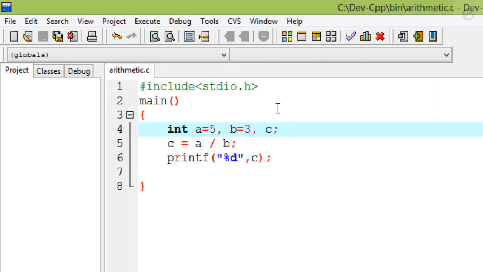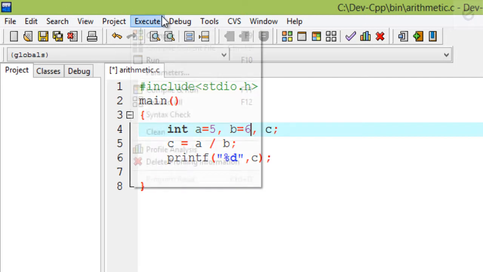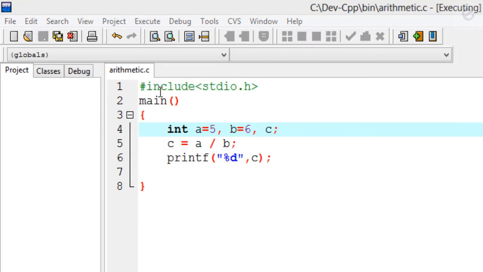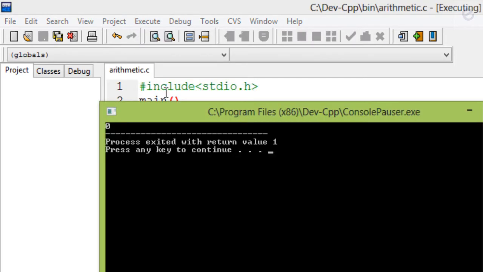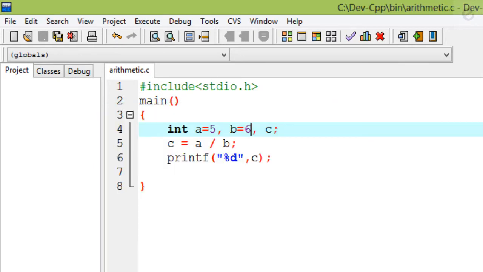Now if we replace the value of b by 6 and then compile and run, the result printed would be 0, since 0 times it would go, in the decimal the answer would be something like 0 point dash dash dash. Since c is the integer type, hence the integer value is printed.